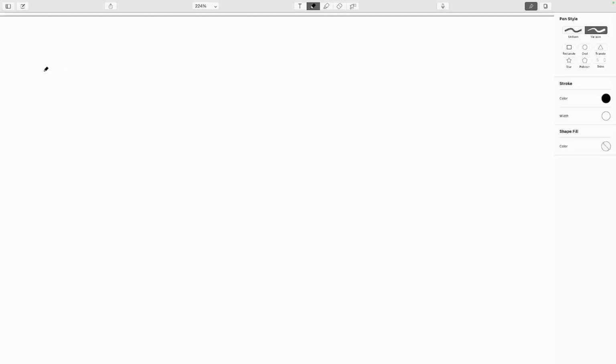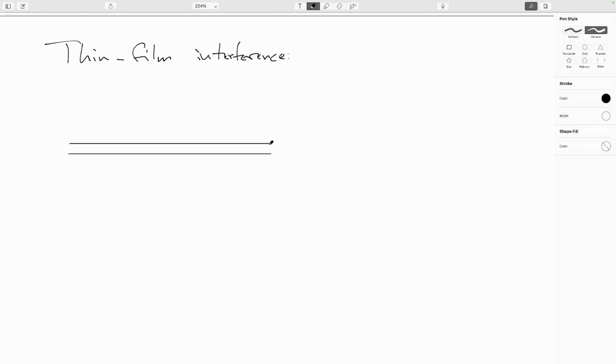But for now, let's just think about the possible scenarios that we could be having here in thin film interference. So for instance here, we can be thinking about things like, say, a soap bubble or something like that, or like say a gasoline slick sitting on top of water in a parking lot after a rain, anything like that.